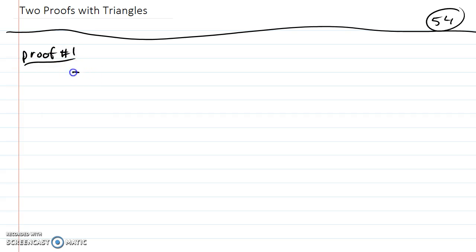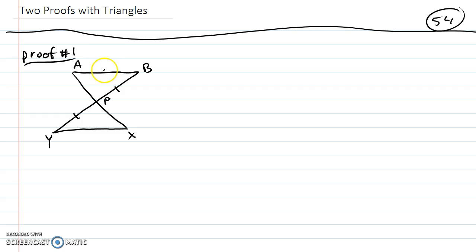Alright, we're going to have a setup like this. And we're going to have Y, X, A, B, and P. We know that these two are the same, and we know that these are parallel. That's what's given.